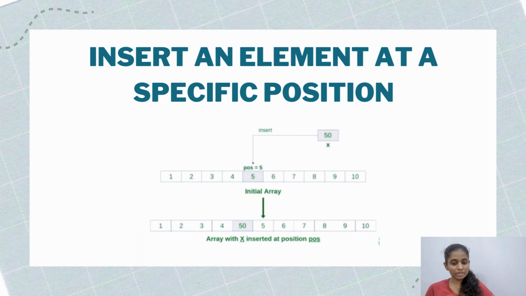Copy all the elements from the previous array into the new array till the position pos. Insert the element x at the position pos. Insert the rest of the elements from the previous array into the new array after the pos.